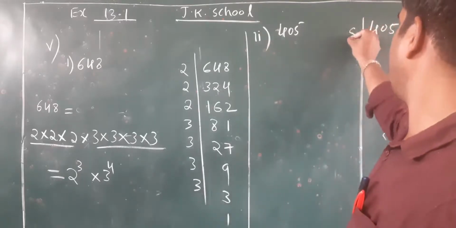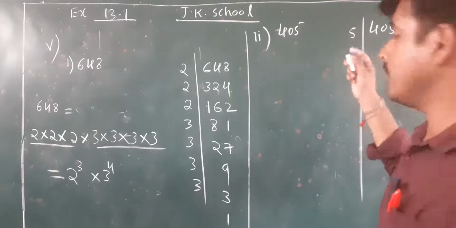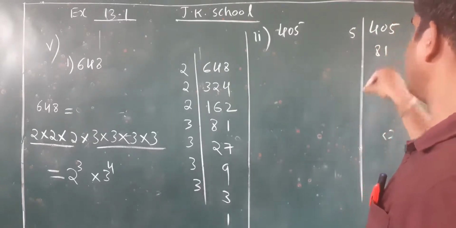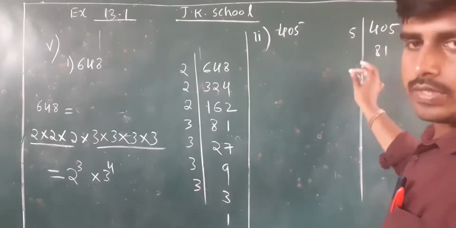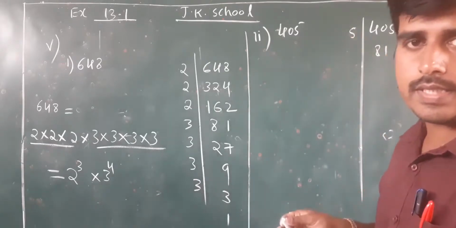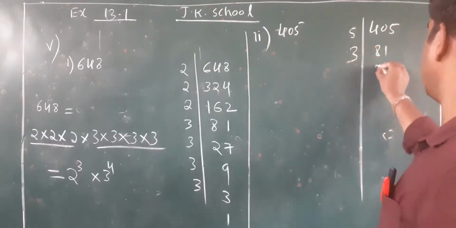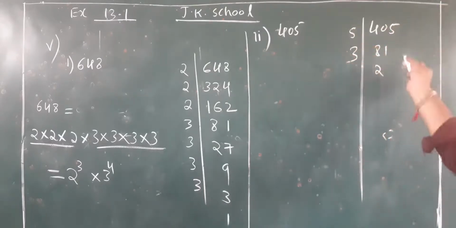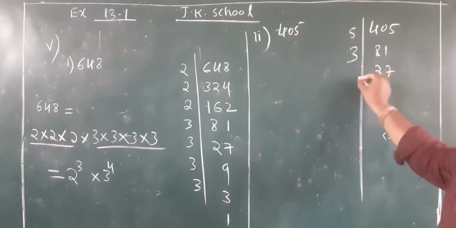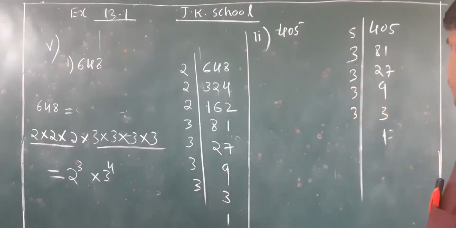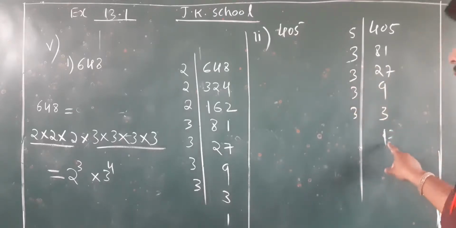So start from 5 because 5 is a prime number. 5 1s are 5, 5 8s are 40, 5 1s are 5. Now 81 is not divisible by 5 because the last digit is 1. So 8 plus 1 is 9. Therefore start from 3. 3 2s are 6, 2 remains, 21, 3 7s are 21. 3 9s are 27, 3 3s are 9, 3 1s are 3. So at last you have to stop here.